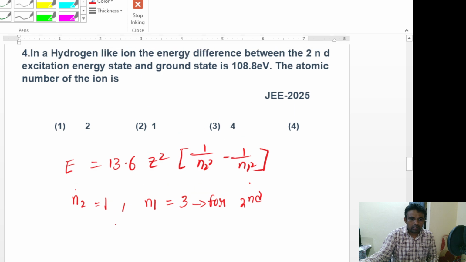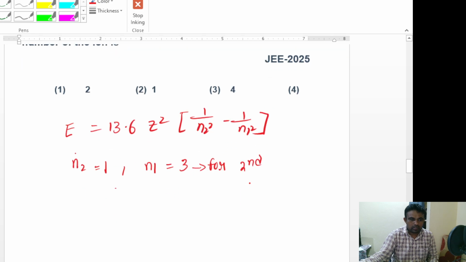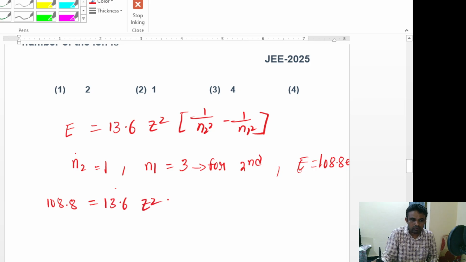So the energy value is given: 108.8 electron volts. So 108.8 is equal to 13.6 into Z square into 1 by 1 square minus 1 by 3 square.